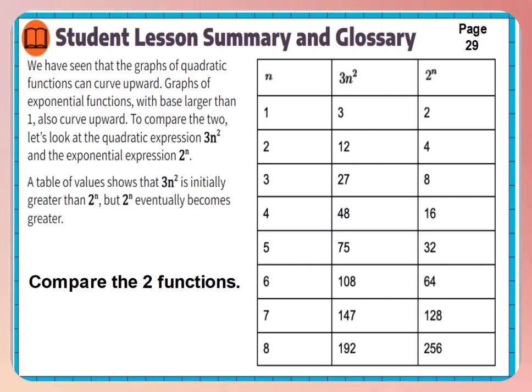Do you notice anything else? I said n is 7, 147 is larger than 128, but I also said n is 8. Is 192 larger than 256? No, this is where it starts going down.